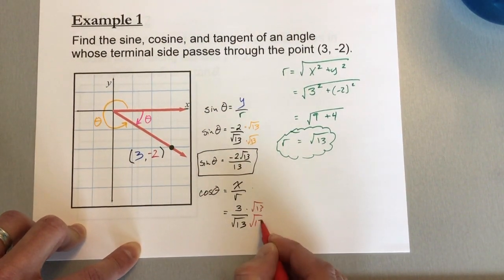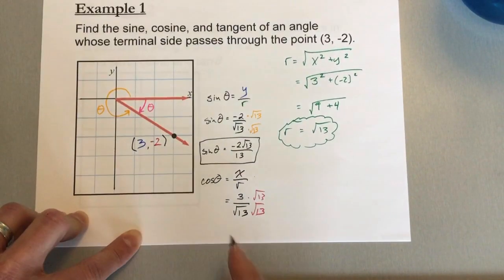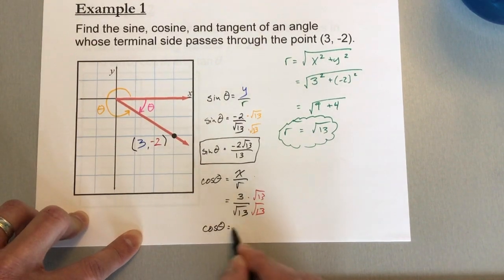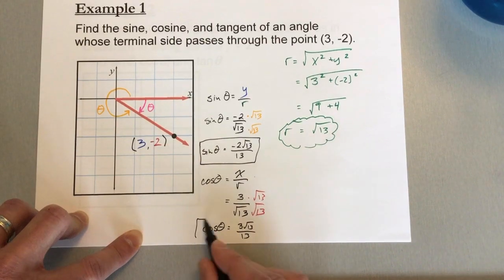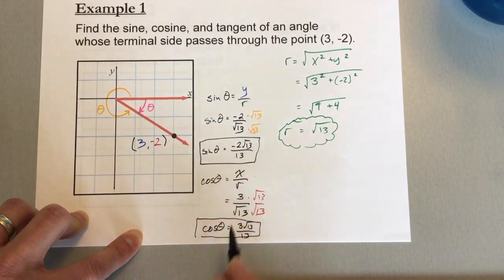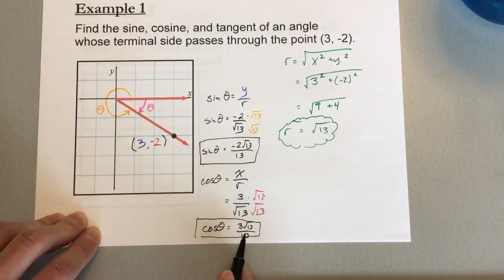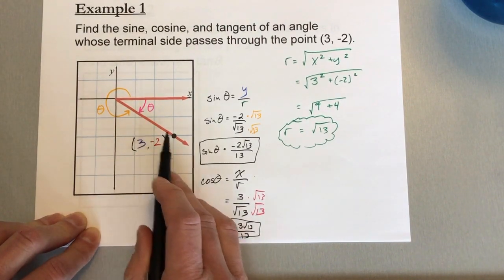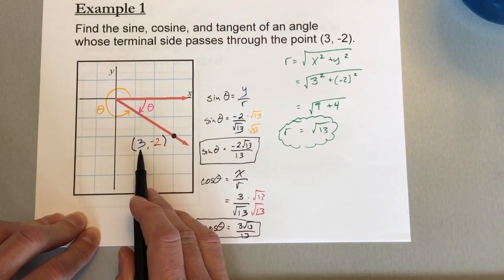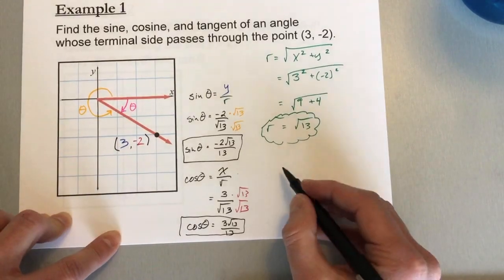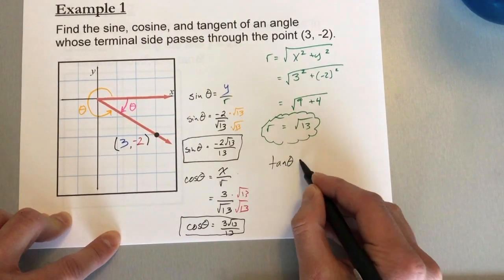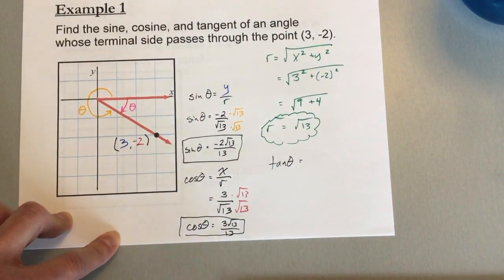Rationalizing my denominator, I find that the cosine of this angle is +3 root 13 over 13. So I did not get a negative value for my cosine because this angle's terminal side passes through a positive x-coordinate. Lastly, for this example, will we get a negative tangent ratio?